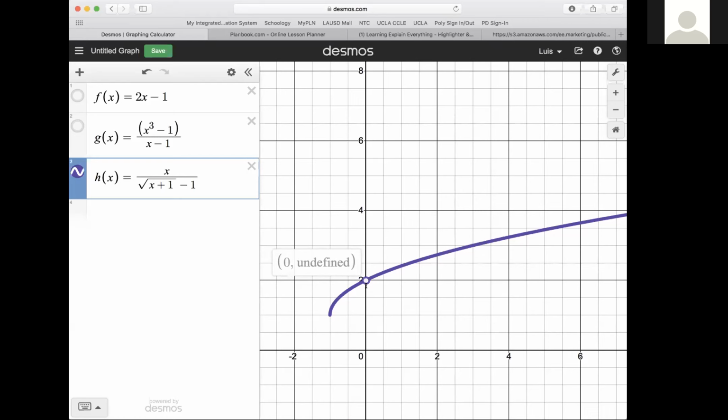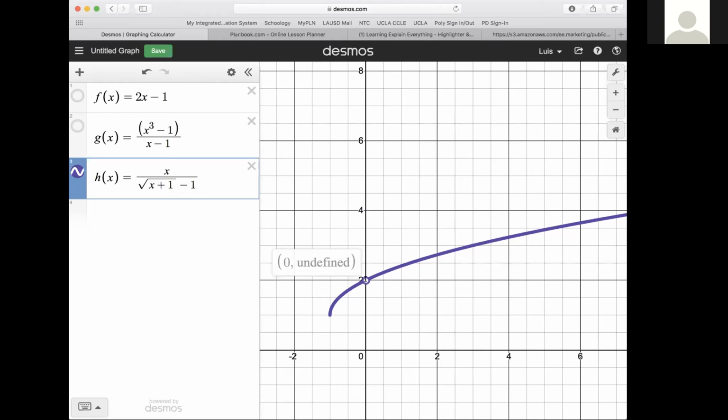And so the answer to that is when you're evaluating a function, so this is our function, if you go ahead and plug in 0 in here, 0 plus 1, that's 1. Square root of 1 is 1. 1 minus 1 is 0. You can't have a 0 on a denominator of a fraction because that's undefined. It's an undefined fraction. So that's why we're getting this undefined situation here.